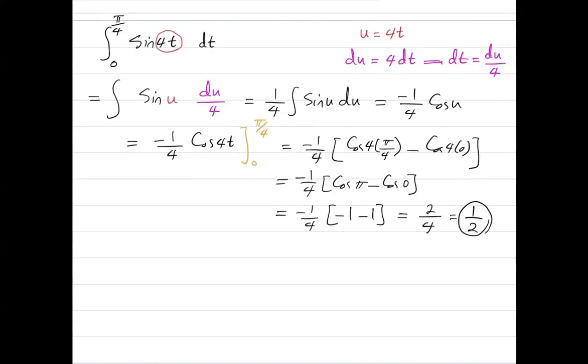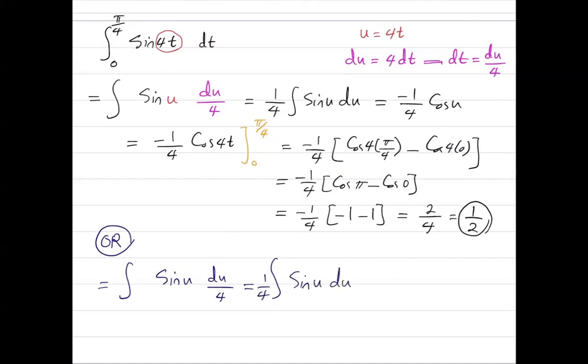If you decide to keep it as u, you need to change the boundaries. So let me write it down for you. If you decide to write it as the integral of sine u du over 4, or 1/4 integral sine u du, please pay attention here.